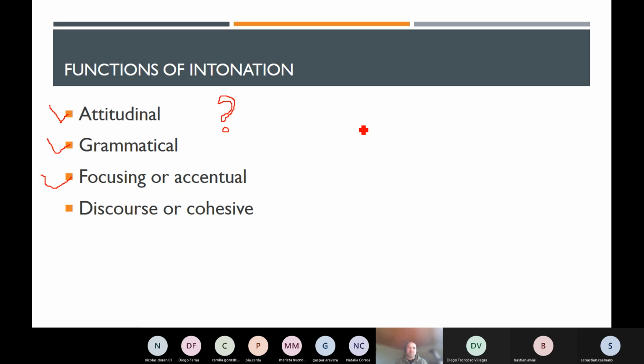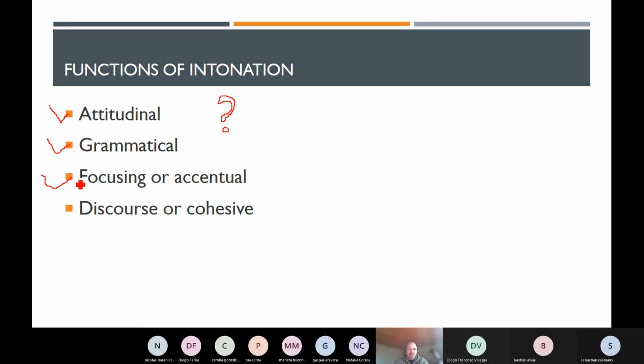Yet, if it's important, according to the context, to make it more prominent, I will do it. So that's sort of the rule that speakers can break, right? You can actually accentuate or make more prominent a function word if it's necessary. And that's a function of intonation, to make the listener aware of which element is more important, right?